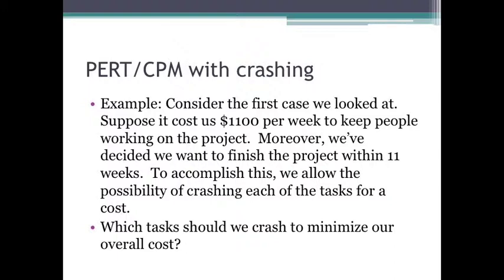So we need to hurry it. Now, to accomplish this, we allow the possibility of crashing each of the tasks for a particular cost. That said, what tasks should we crash to minimize that cost? After all, if we're going to be committing more time, more resources, more money to it, we want to spend our money wisely. Well, how do we do that?